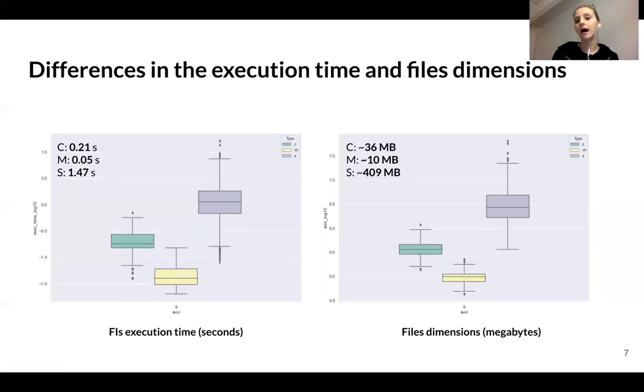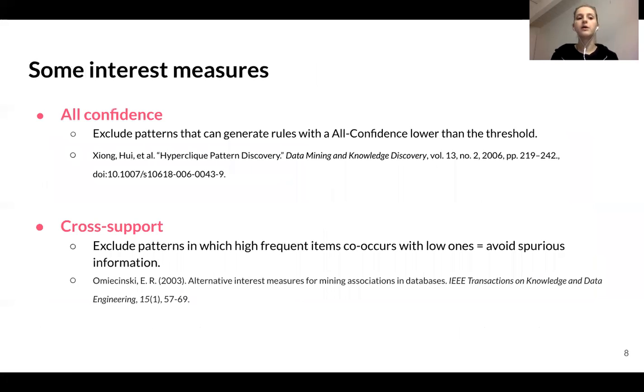calculate the itemsets globally, and then filter them with some interest measures. In particular, I reported here all-confidence and cross-support. For example, cross-support excludes patterns in which high-frequent items co-occur with low ones. So this kind of measure can avoid spurious information, thinking about our microbiomes.